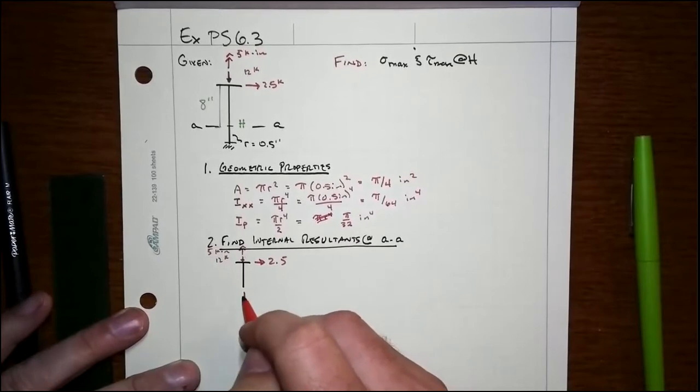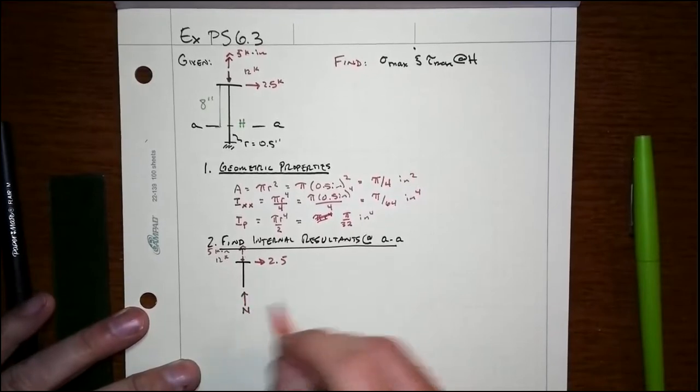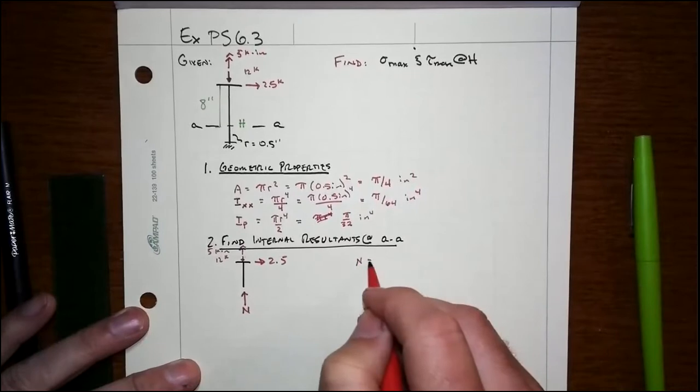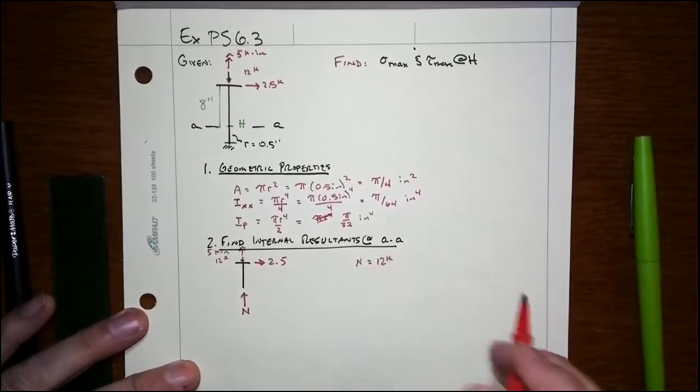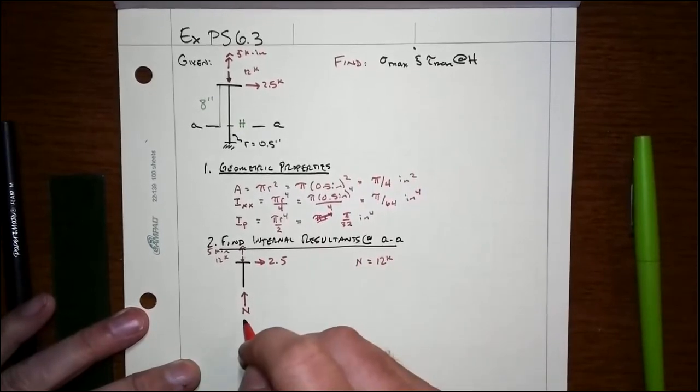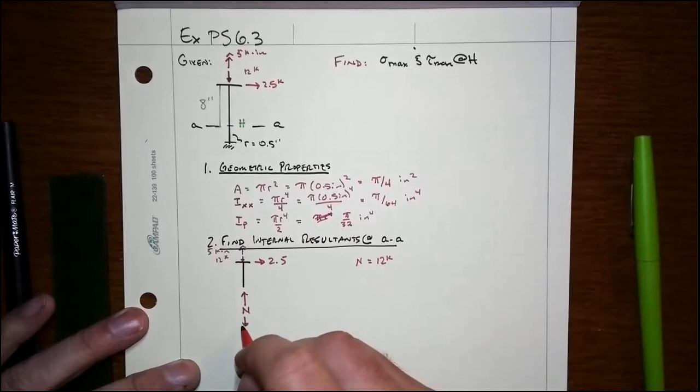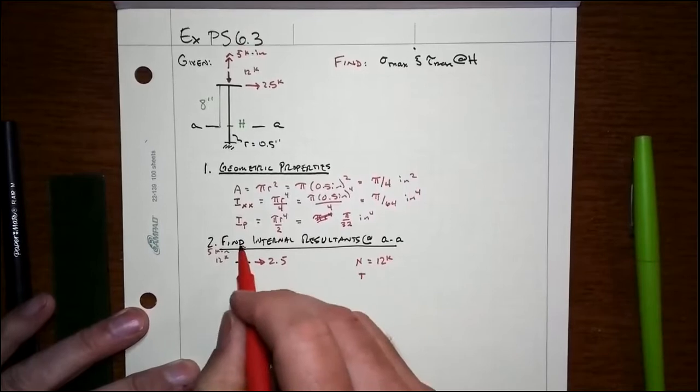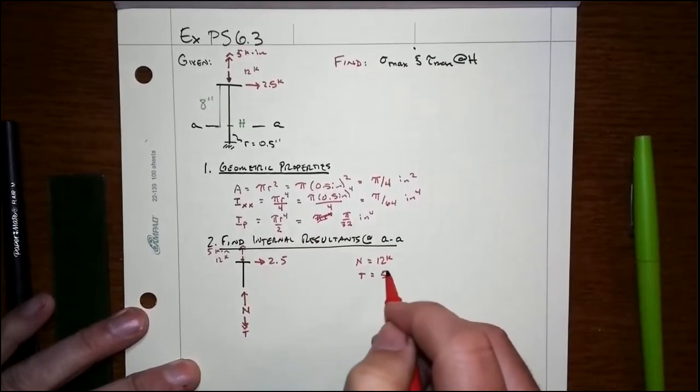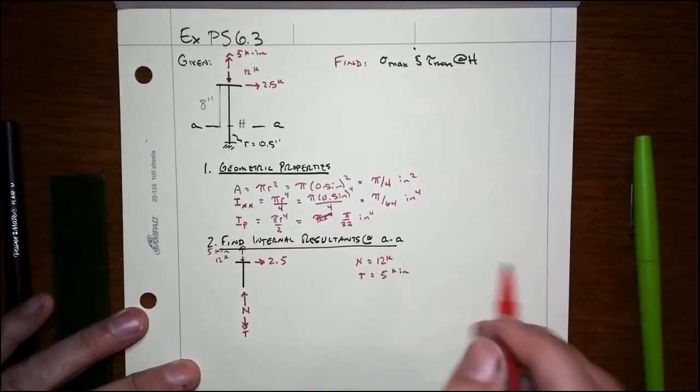So it's a fairly straightforward series. Our N is going to be simply 12 kips of compression. Our torque, positive outward normal, and given the way that's all set up, that would be opposite, so 5 kip inches.